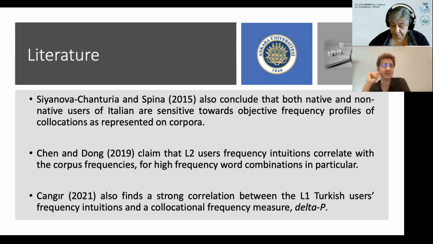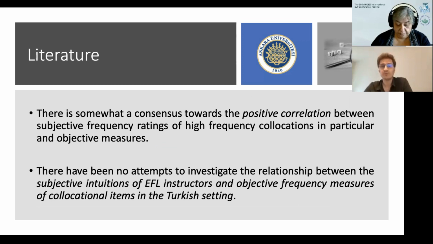In a recent study I conducted, I also found a very strong correlation between L1 Turkish users' frequency intuitions and a specific collocational frequency measure, an association measure, which was delta P. So overall, we can say that there's a kind of consensus towards the positive correlation between subjective frequency ratings of high frequency collocations in particular and objective measures.